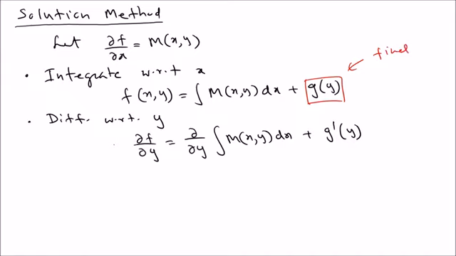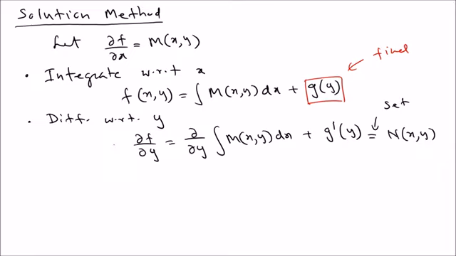Now we know that this should equal the N(x,y) function, because this is the partial derivative with respect to y. So we set this equal to this. Now we solve for g prime of y, because we can find it since they match.